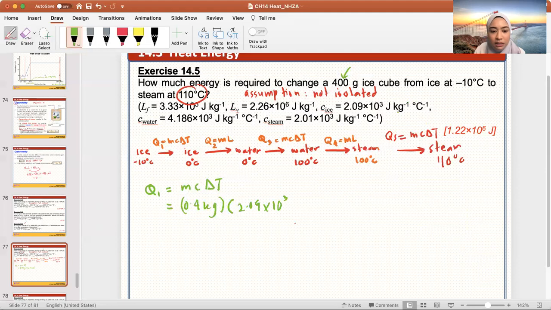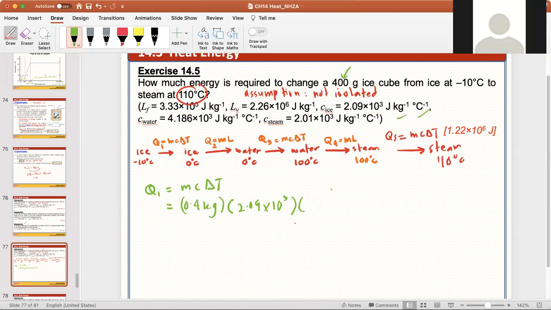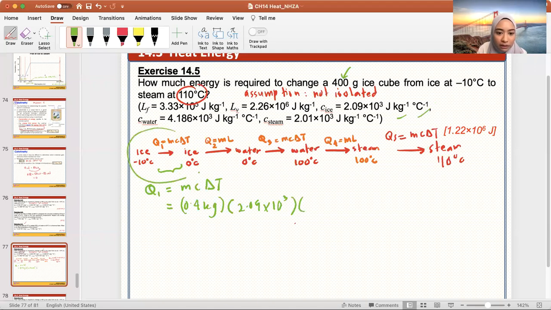So here the hint is already given. It has to be in kg, in Celsius. So what is my temperature difference here? What is my T new? Zero. So we just want to talk about this part only.